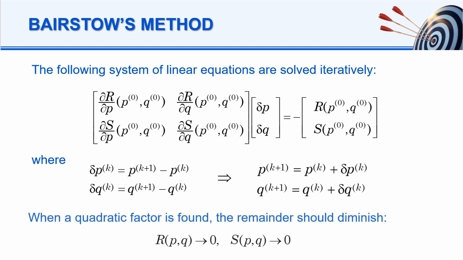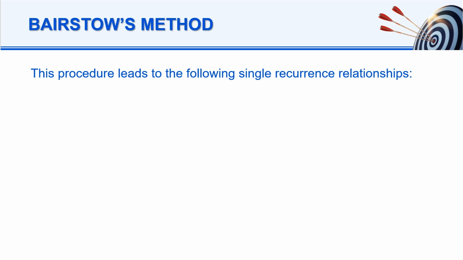When a quadratic factor is found, the remainder should diminish. This procedure leads to the following single recurrence relationships.